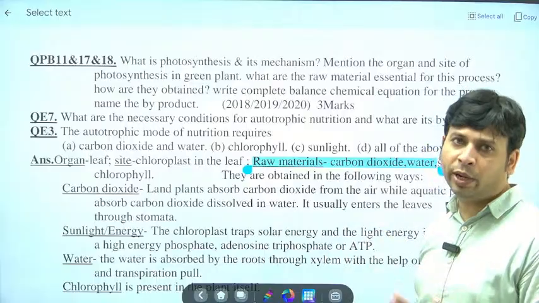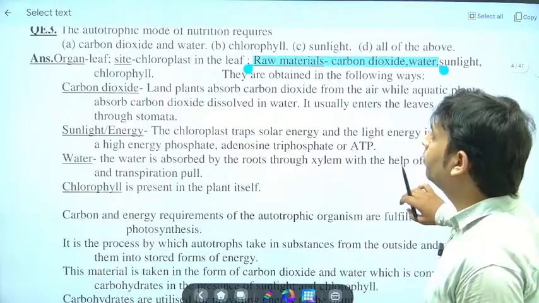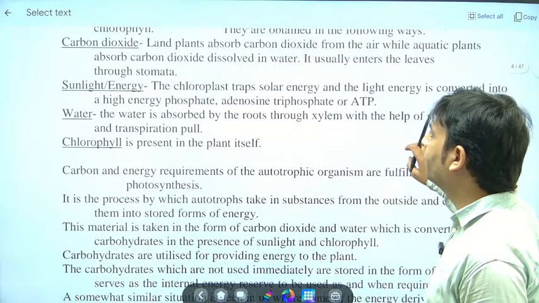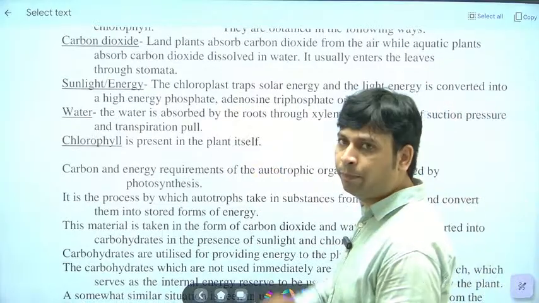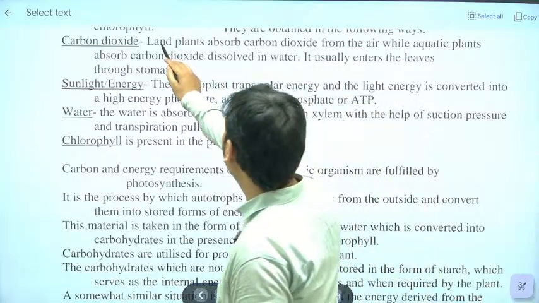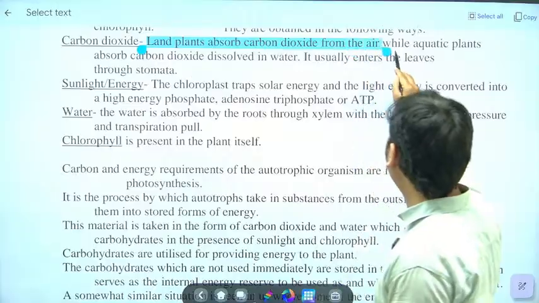And how are they obtained? We will look at the answer to this. First, carbon dioxide. How is it obtained?